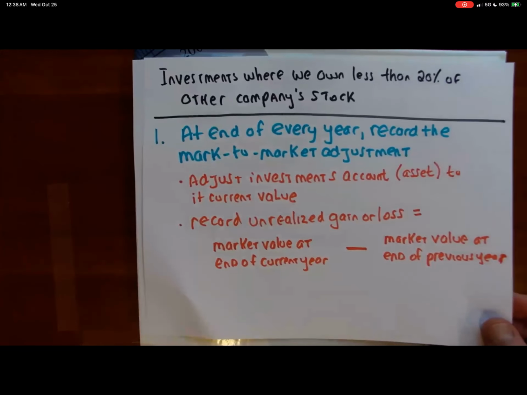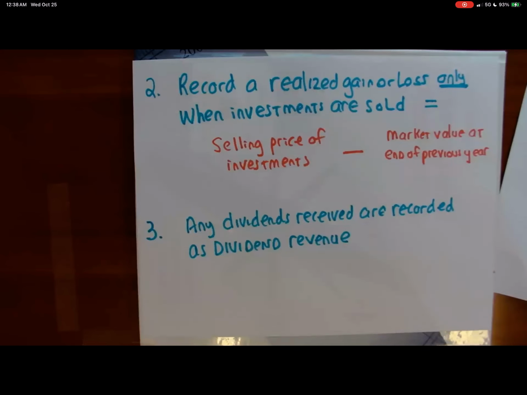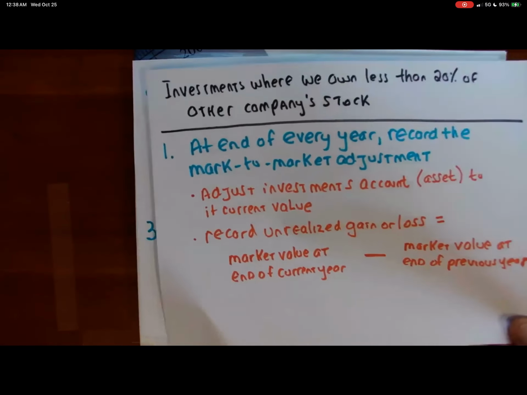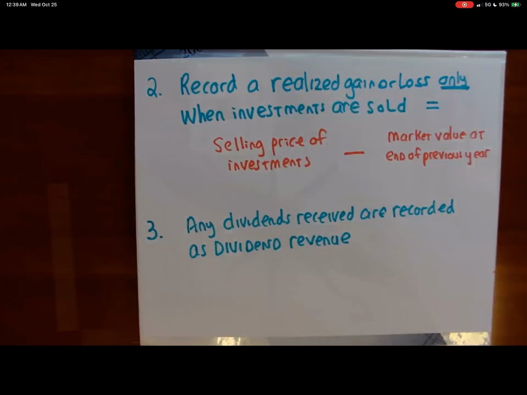There are these three pieces of accounting: the mark-to-market adjustment, recording a realized gain or loss, and dealing with any dividends that we may receive. But I think by now we all would recognize it is the easy thing to know the words from a piece of paper. Actually applying those words correctly to a problem, that's a completely different ballgame.